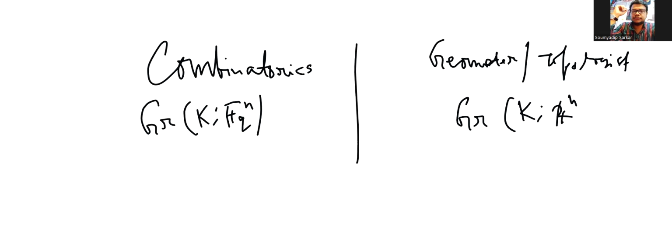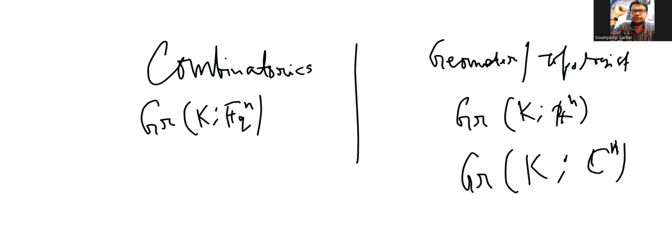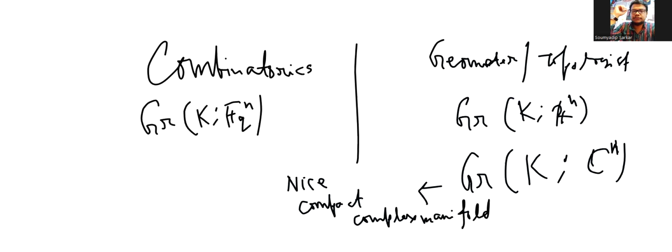In fact, these are nice projective varieties. And things like Gr(k, C^n) are nice compact complex manifolds. So these are very well-known and interesting objects which can be studied.